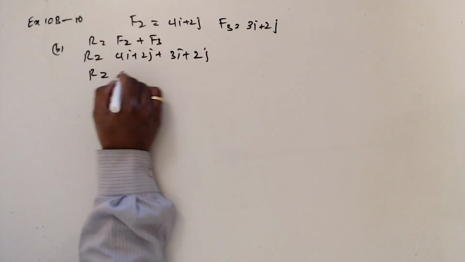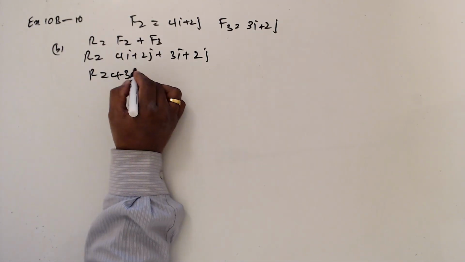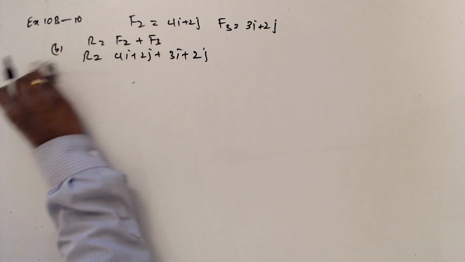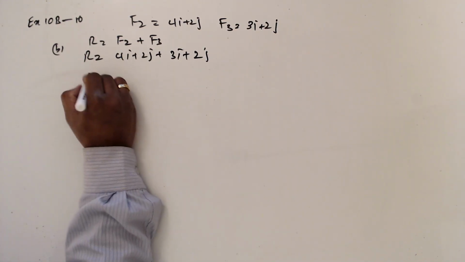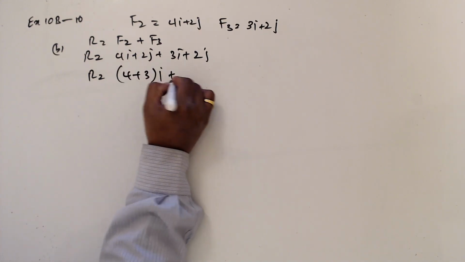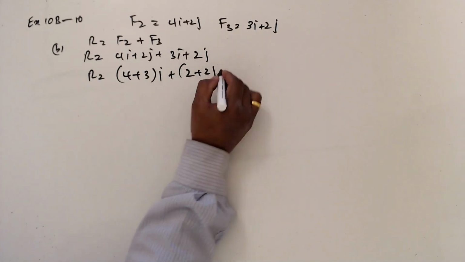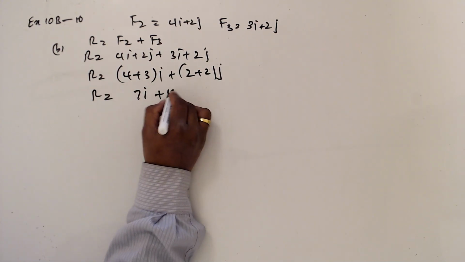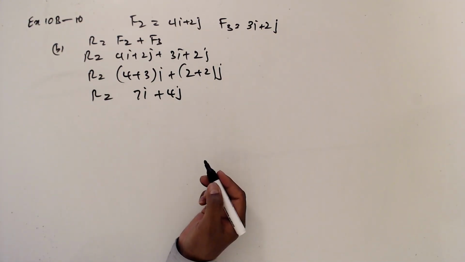So R equals (4 plus 3)i plus (2 plus 2)j. So this is going to be R equals 7i plus 4j.